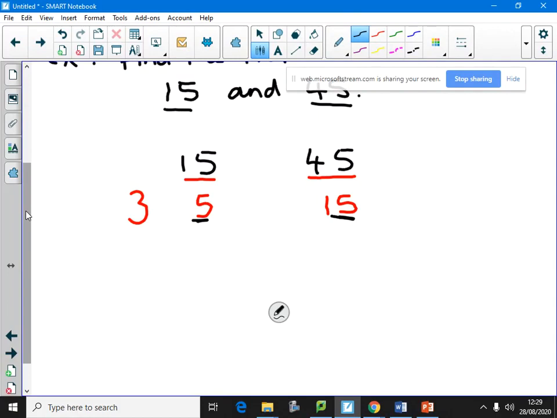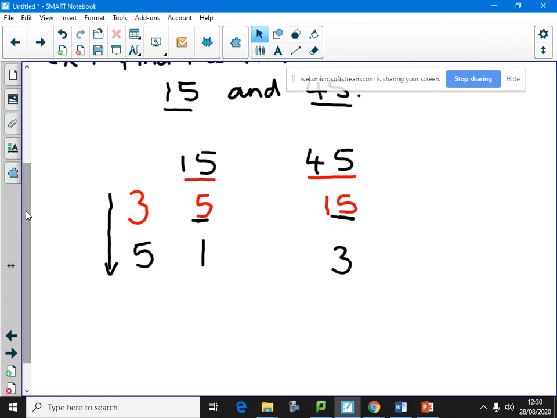So 5. These are our thinking numbers. How many 5s into 5? 1. And how many 5s into 15? 3. Now, only the number 1 will go into 1, so we've finished. That's it. We've worked it all out.